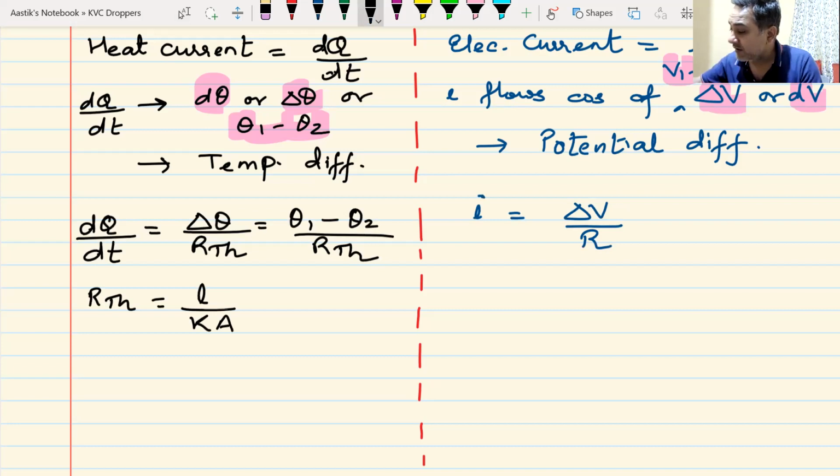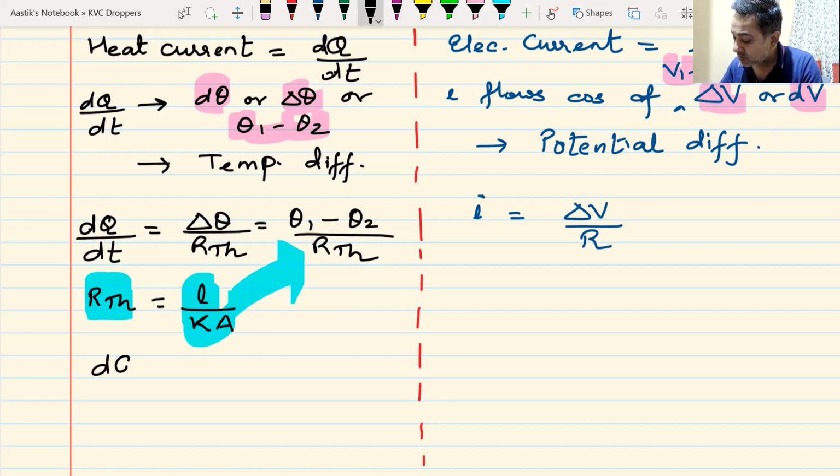If I put the value of R thermal from here to here, what formula would I get? I would get my original formula dq by dt is equal to L divided by Ka. No, again I made a mistake.